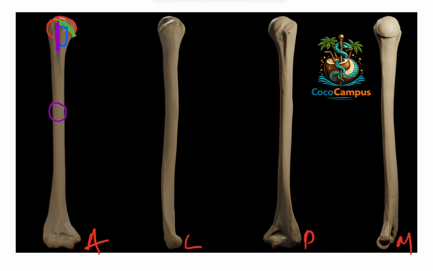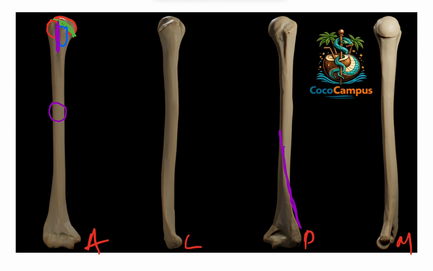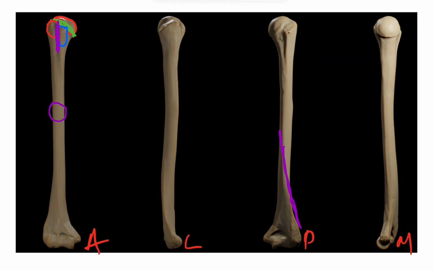On the posterior surface, we can see the radial groove, also called spiral groove. Here's where you see the radial nerve and deep brachial artery. On the lateral border, you can see the lateral supraepicondylar ridge. Here's where the extensor for your forearm muscle originates.